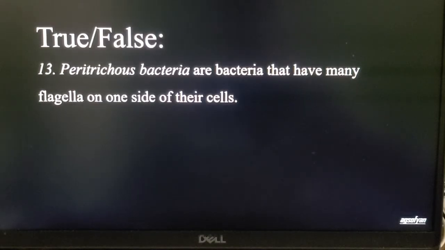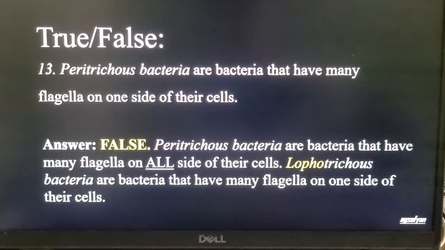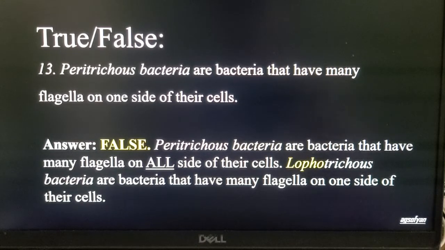Okay, number 13. Peritrichous bacteria are bacteria that have many flagella on one side of their cell. True or false? Choose your answer. The answer should be false. Peri means around.